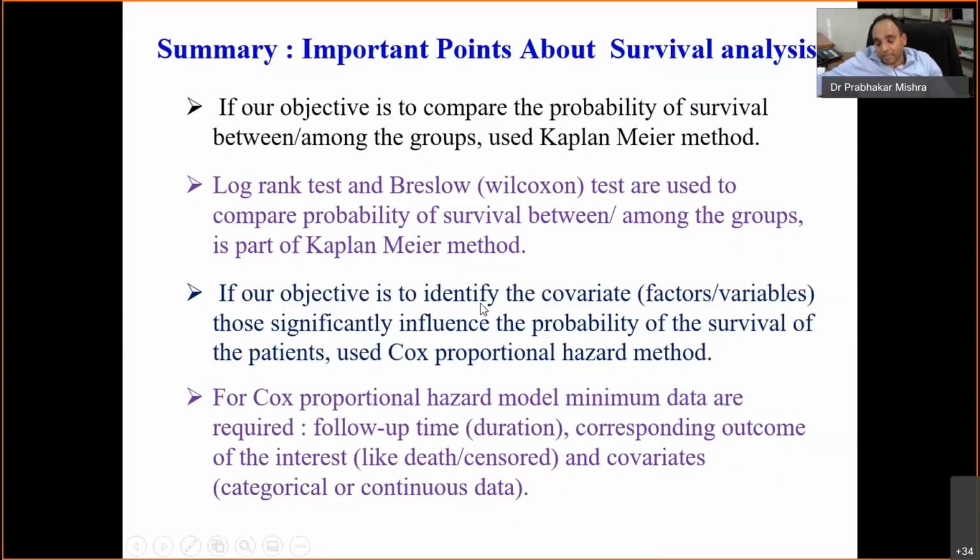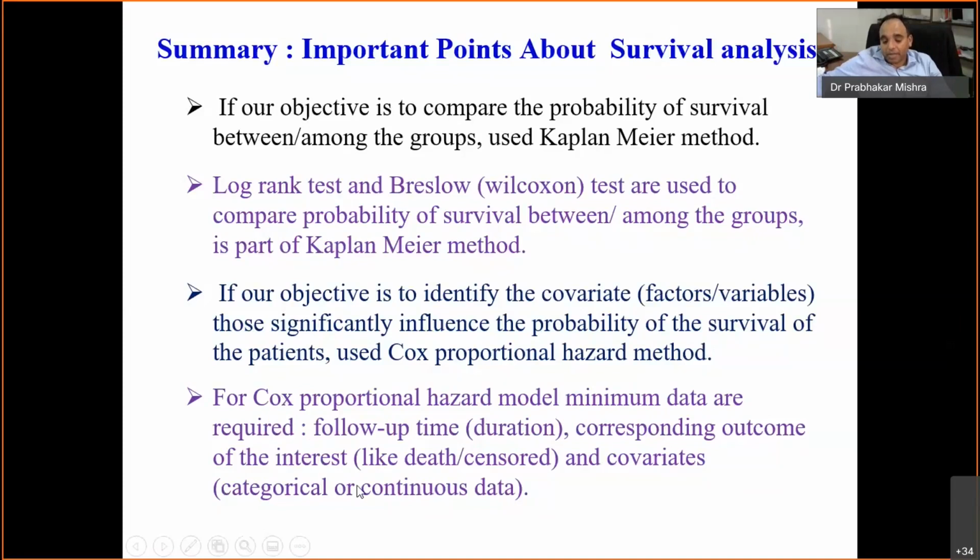If our objective is to identify the covariate factors that significantly influence the survival probability of the patient, we need to use the Cox proportional hazard method. For the Cox proportional hazard model, minimum data are required: follow-up time, outcome of interest, matlab death or censored, and third, at least one independent variable.